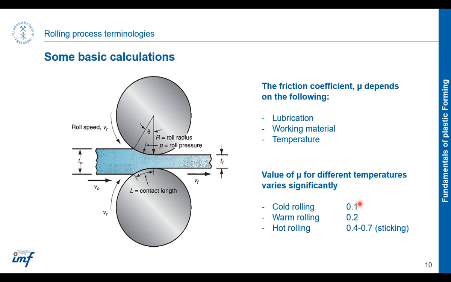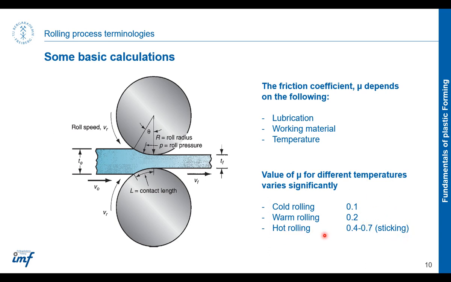For example, for cold rolling conditions, the friction coefficient is nearly 0.1. And this friction coefficient is a physical property, so it depends on the material and the surface condition, so we cannot really define it or state it. For warm rolling conditions, the friction coefficient is around 0.2, and for hot rolling conditions it is generally 0.4, but can be as high as 0.7, because at higher temperatures there is a phenomenon in which the material temporarily welds with the roller surface, and we call this phenomenon sticking.